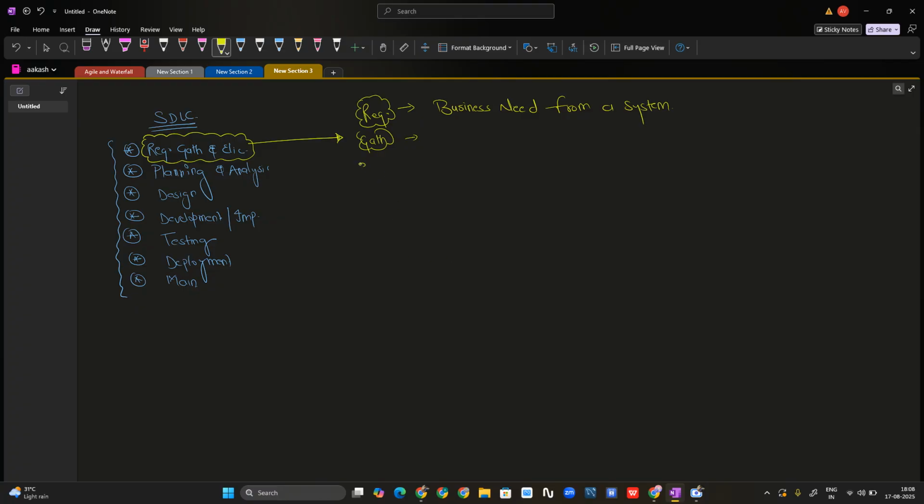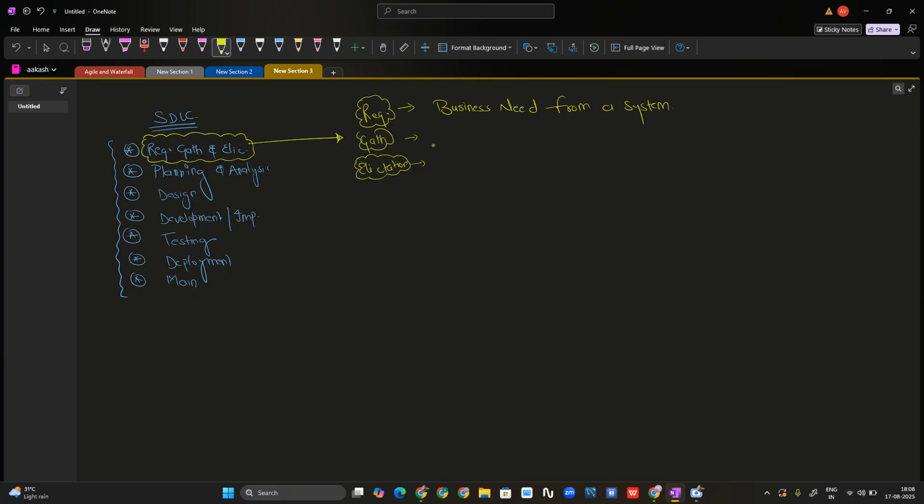And elicitation, does anyone know what elicitation is? Look, when you give an interview, the interviewer will ask what is the difference between requirement gathering and requirement elicitation.